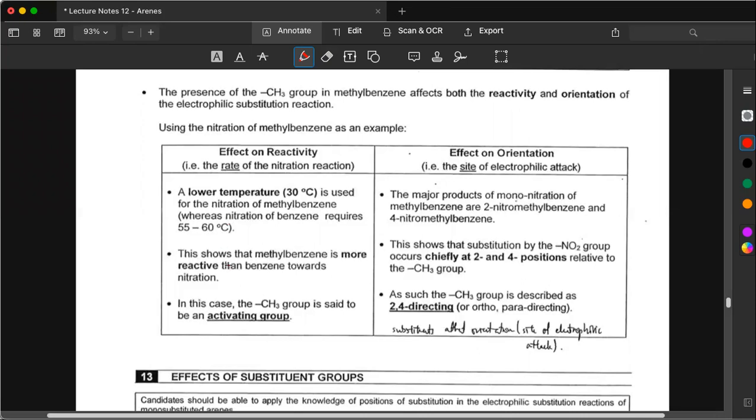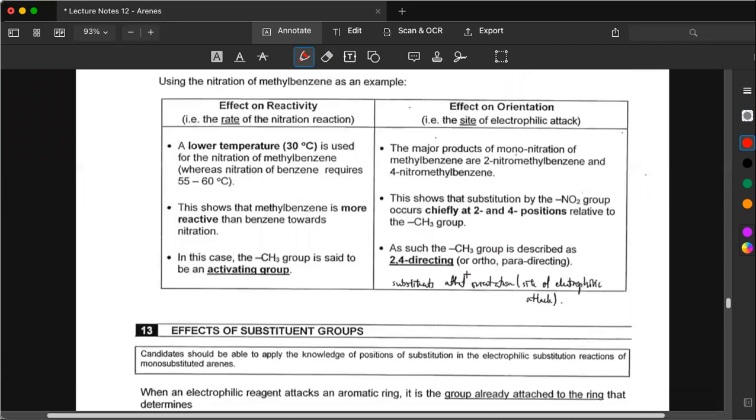So this shows that methyl benzene is more reactive, and CH3 is said to be an activating group. As for orientation effect, the major product, as you can see, is 2-nitro or 4-nitro, not 3. So the substitution by the NO2 is occurring chiefly at the 2 and 4 position relative to the CH3 group. So we call it 2,4 directing, ortho and para, not meta.